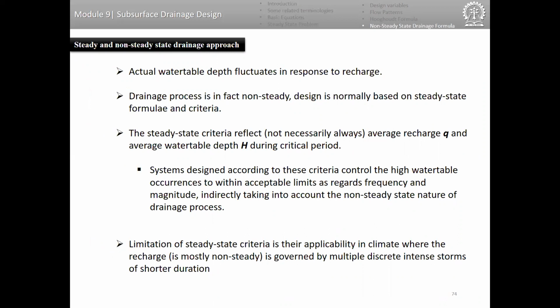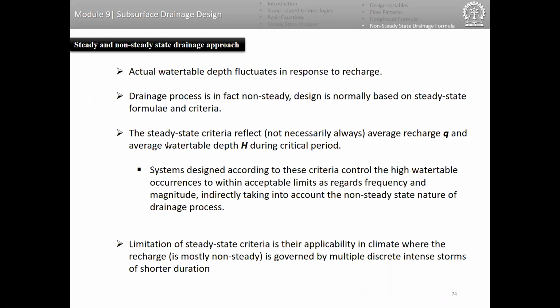So essentially, the drainage process is a non-steady process, but most of the designs are normally based on the steady state condition.